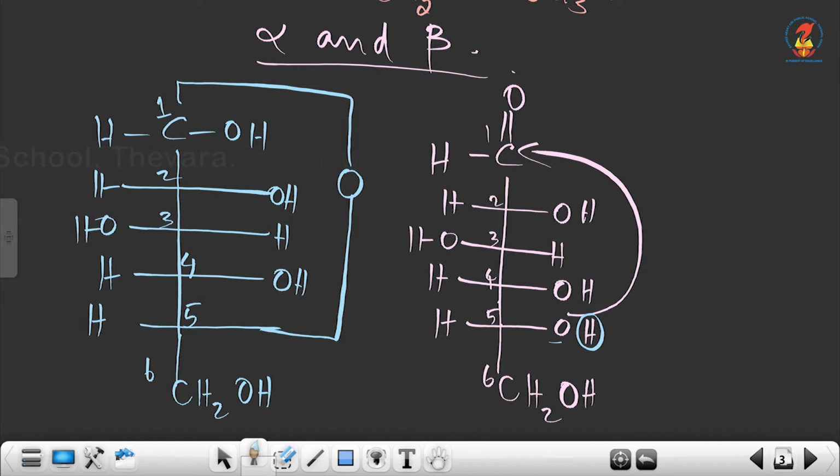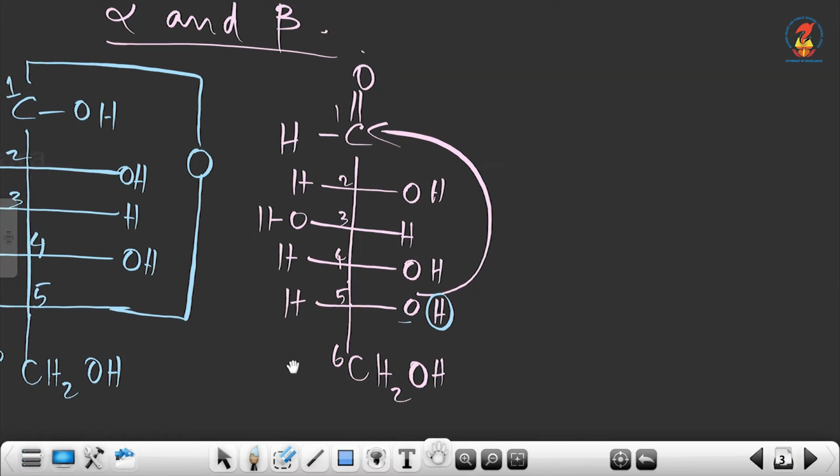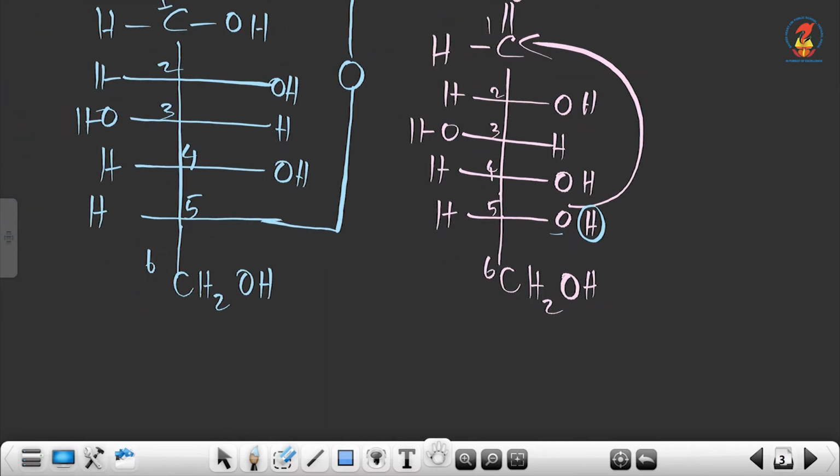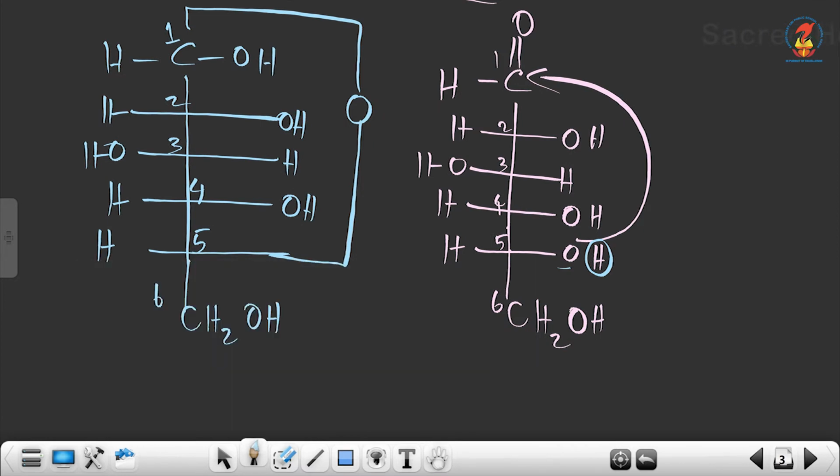Okay. Now again I am going to write one more structure for this, and this glucose that is obtained, that is a cyclic hemiacetal structure of glucose, is named as alpha capital D plus glucose.